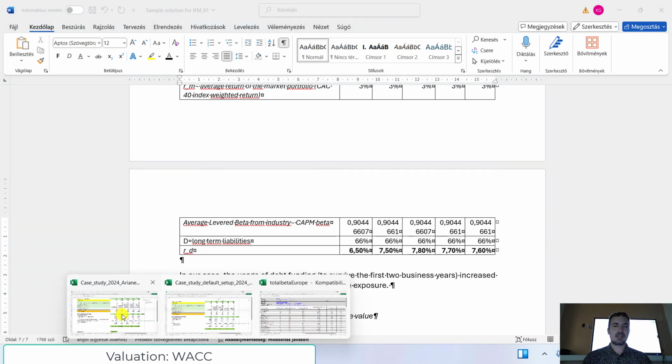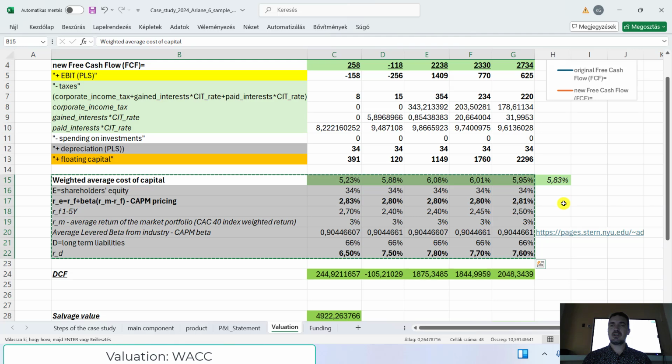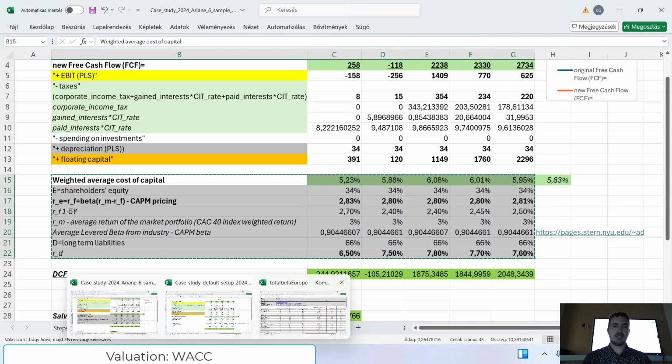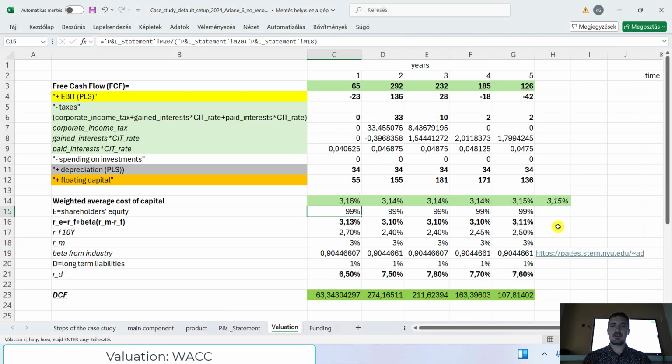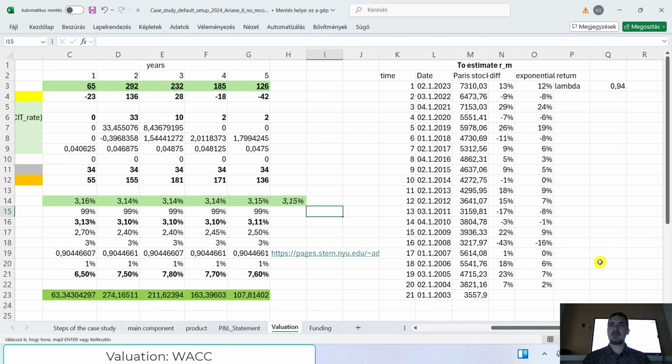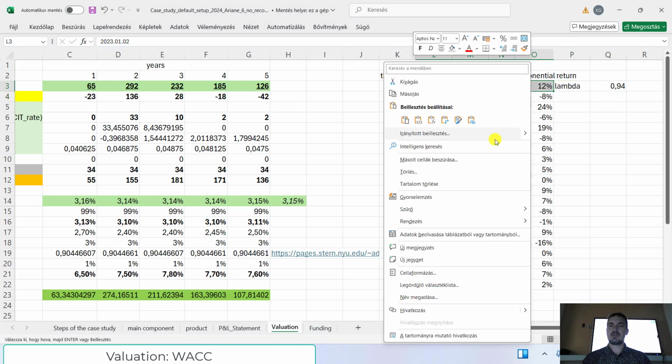Okay, so let's compare with the original sample. With the original one, I have to make this modification here.